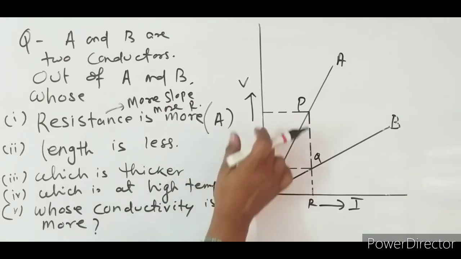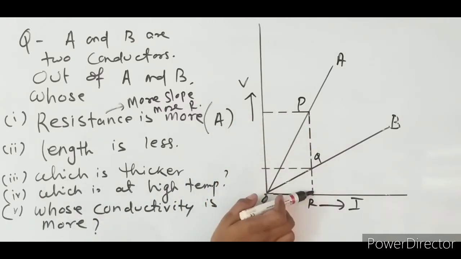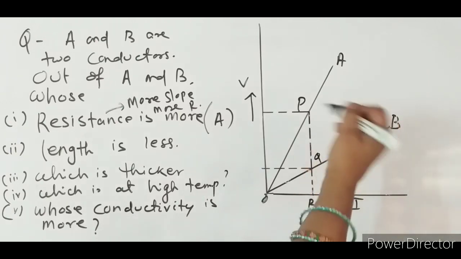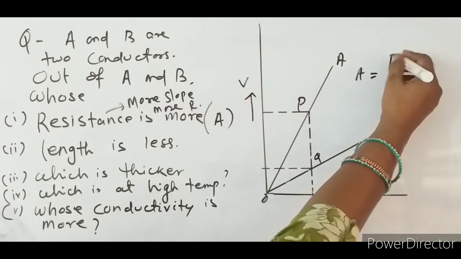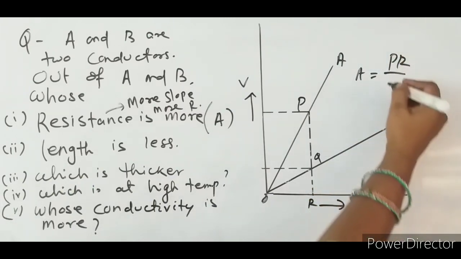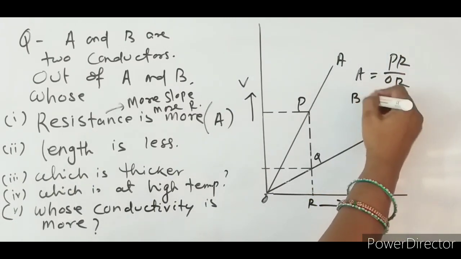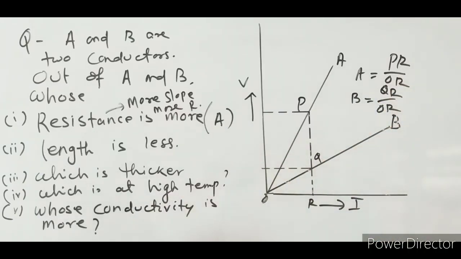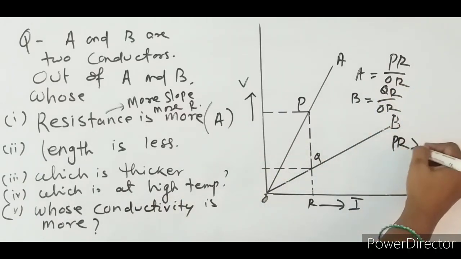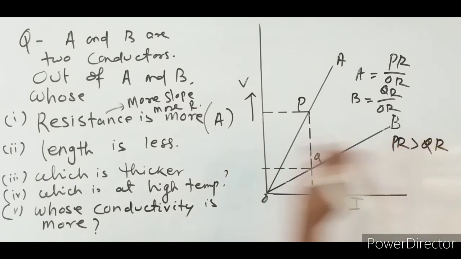So for A, the slope will be more. How to know the slope will be more in this case? For A, the slope will be PR divided by OR. For B, the slope will be QR divided by OR. Here PR is greater than QR.